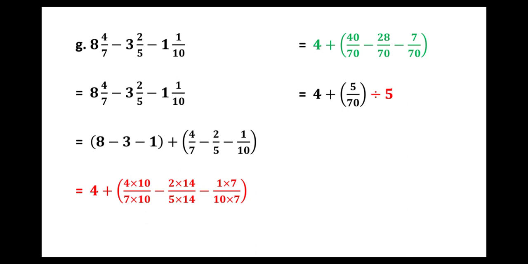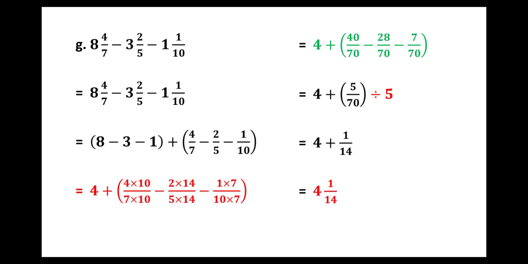After reducing this fraction, your answer will be more meaningful. So we divide by 5: 5 ones are 5, and 5 fours are 20. So we get 1 upon 14.